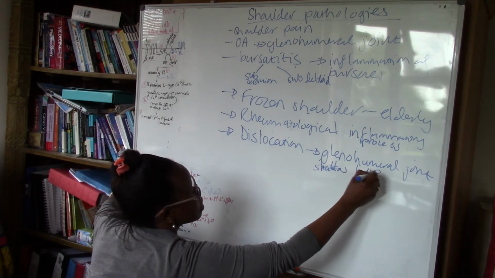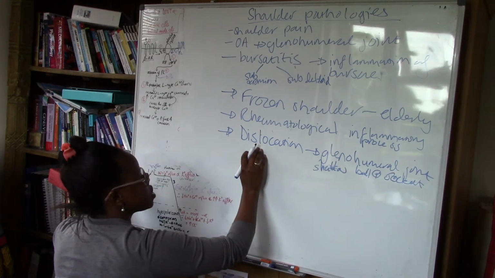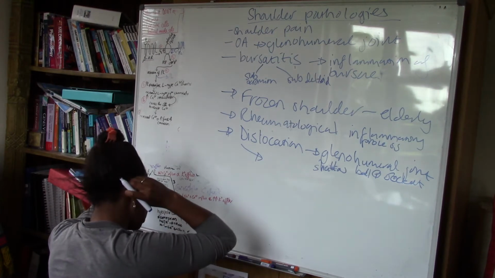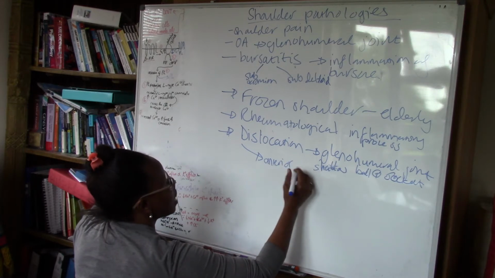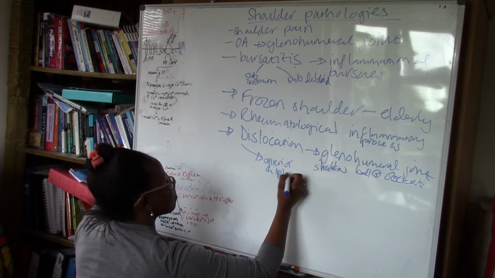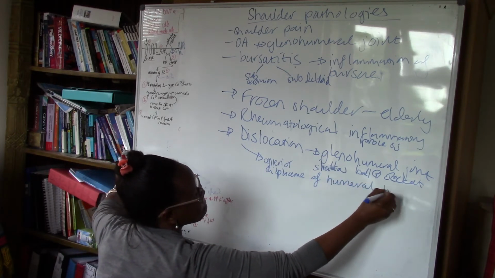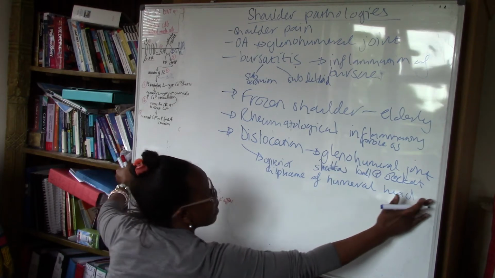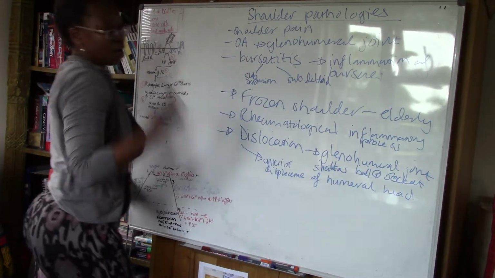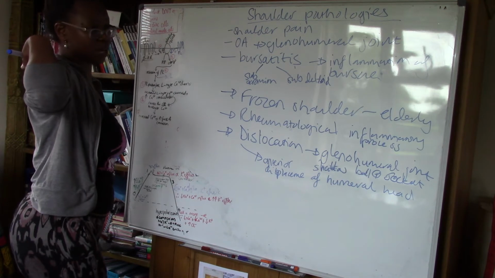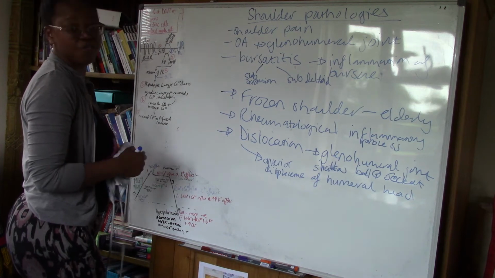So it is quite prone to dislocation, and usually the most common dislocation is the anterior displacement of the head of the humerus, which usually can arise from trauma, blunt force trauma to the posterior aspect of the upper limb, or indeed pulling or falling, really.